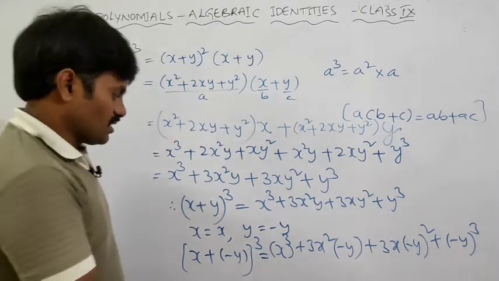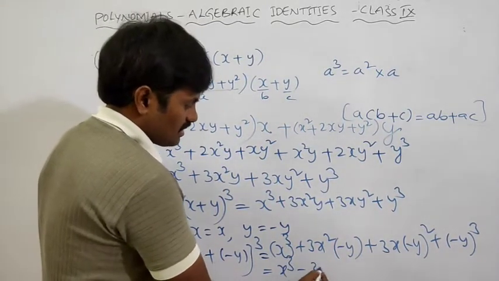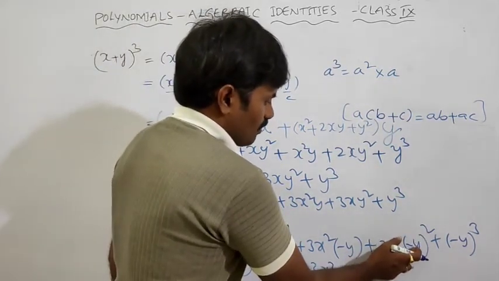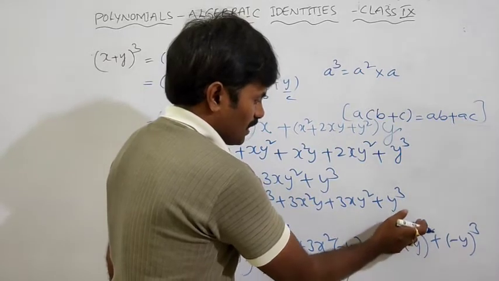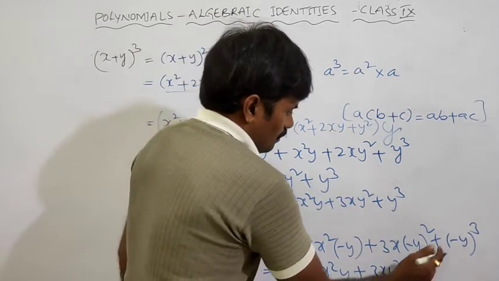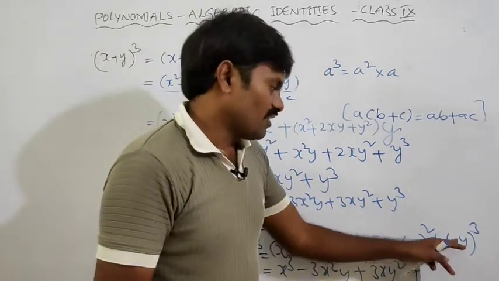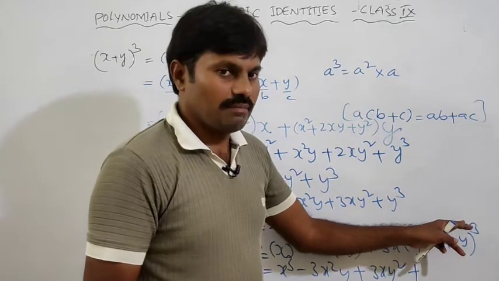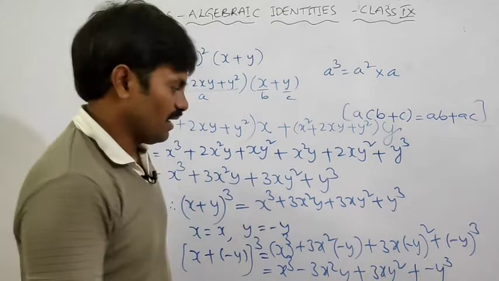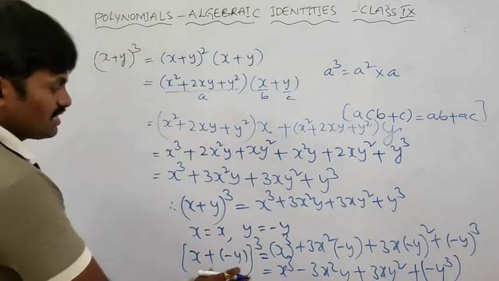Now simplify. We get x cube, plus into minus, minus 3x square y, plus (minus y) whole square, the brackets you have to simplify first, it becomes plus y square, so 3xy square, plus (minus y) whole cube. If the power of a negative number is odd, we get negative itself, y into y cube, so minus y cube.